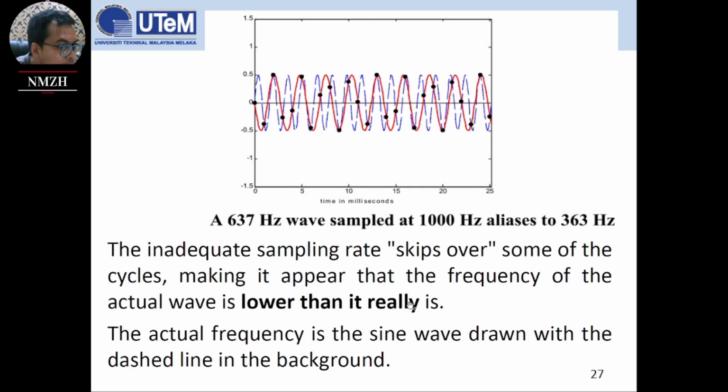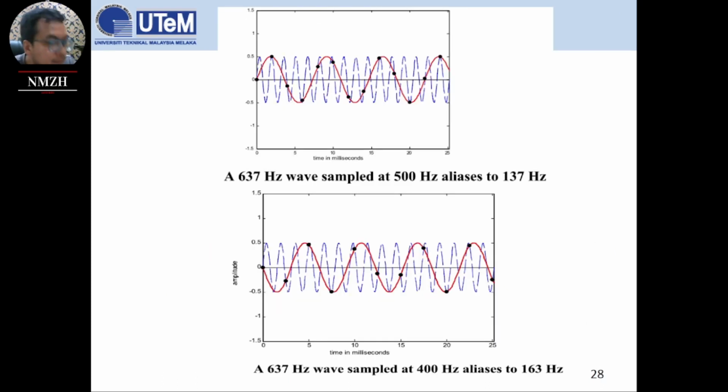That makes it appear that the frequency of the actual wave is lower than its reality. The keyword: making it appear that the frequency of the actual wave is lower than the real. That is aliasing. It happens here too, and here. We do not have enough samples to reflect our original sound back.